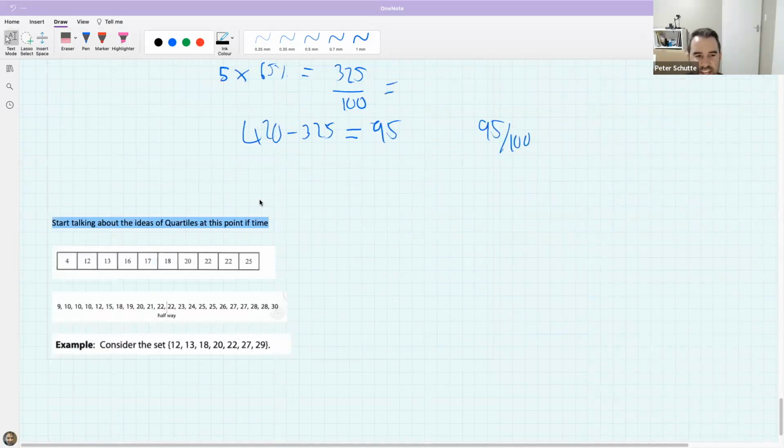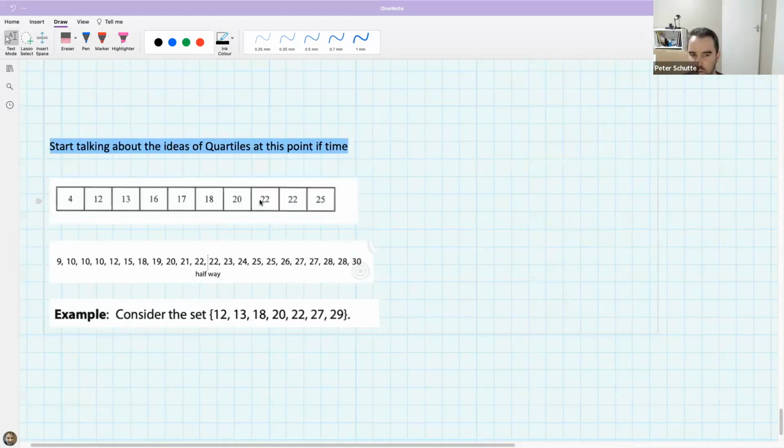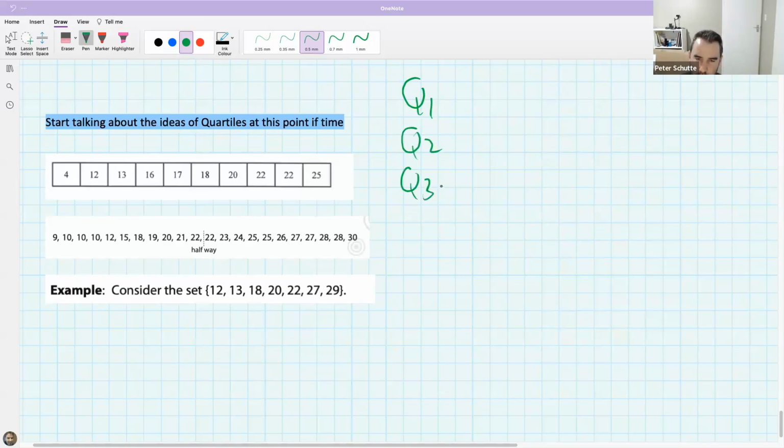So in the next lesson, we are going to talk about how spread out the data is. And in order to do that, we need to be able to find what are called quartiles. Now, quartiles, the first quartile we call Q1, second quartile Q2, third quartile Q3. Q2 is actually just the median.